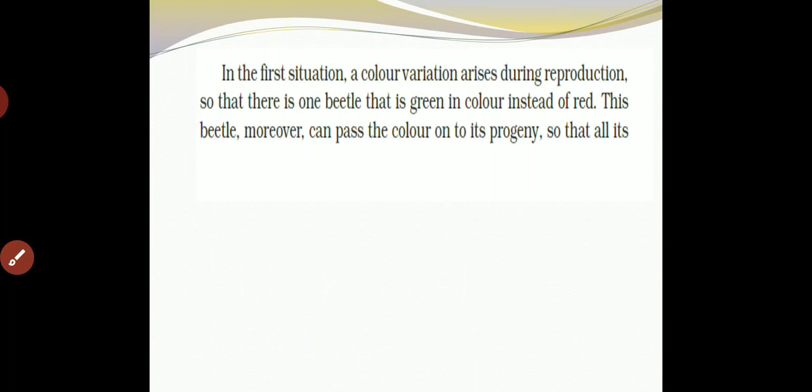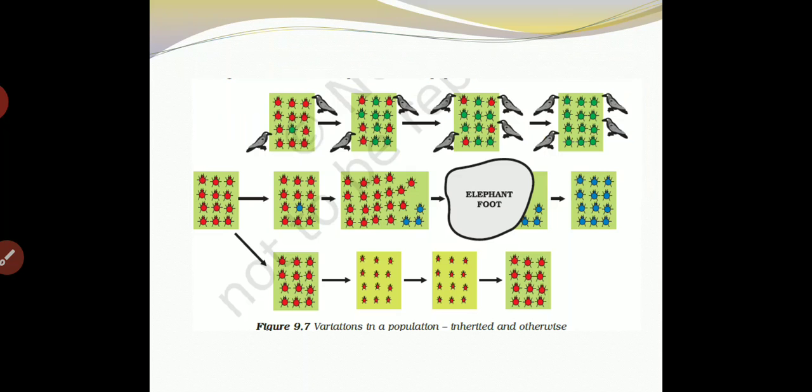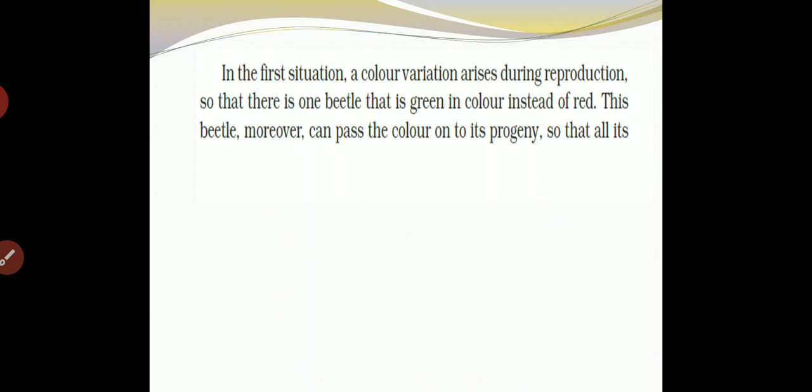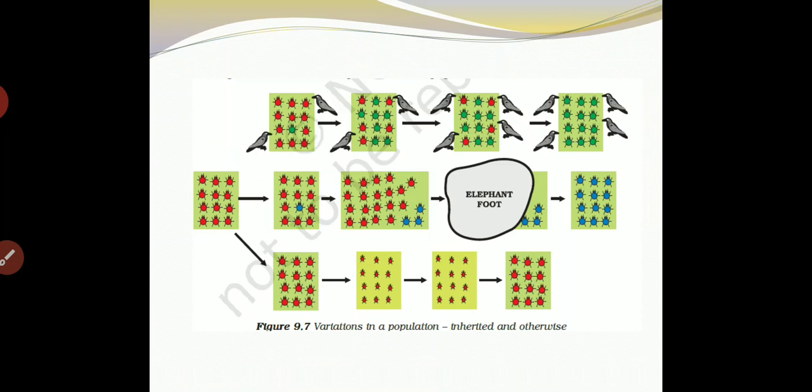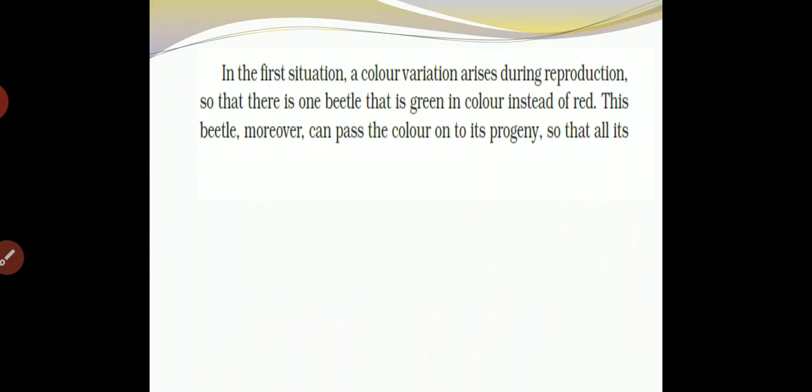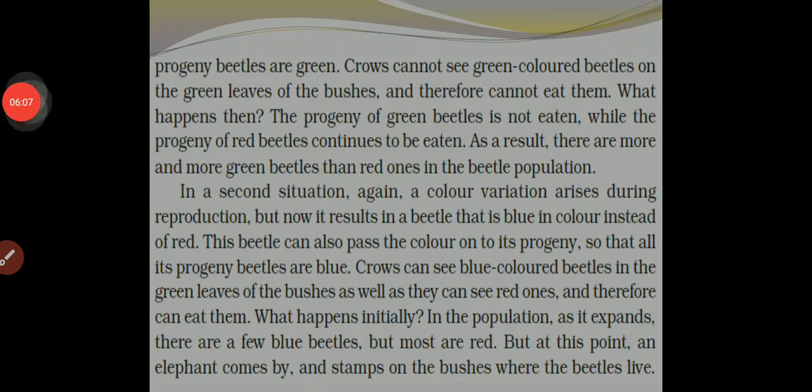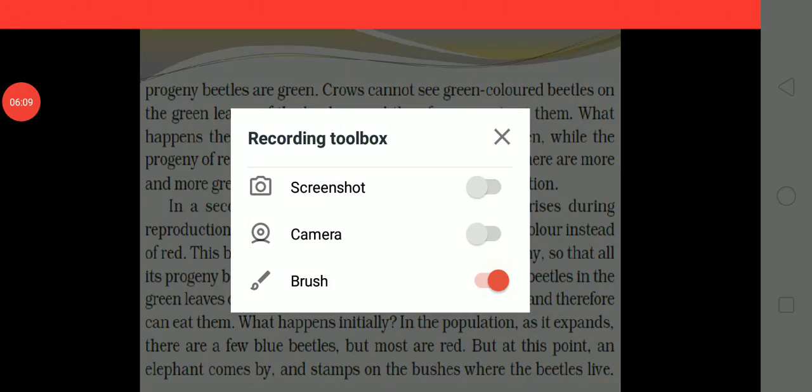In the first situation, a color variation arises during reproduction, so that there is only one beetle that is green in color instead of red. This beetle can pass the color on to its progeny, so that all its progeny beetles are green. Here you can see that all of them are green. In the same way, now the next case.